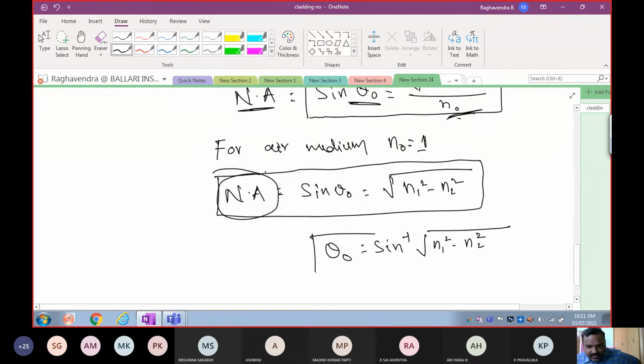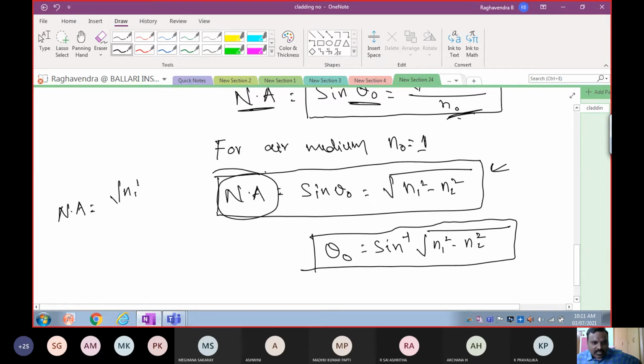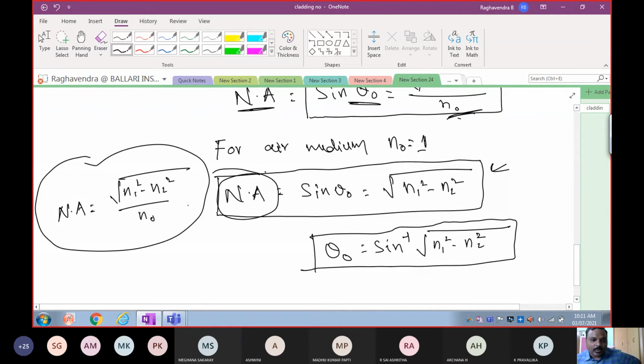By using this expression, you can determine the acceptance angle. By using this expression, you can determine the numerical aperture, which is equal to square root of n1 square minus n2 square divided by n naught. Using this expression, you can find out the numerical aperture. Using this expression, you can find out the acceptance angle. Understood?